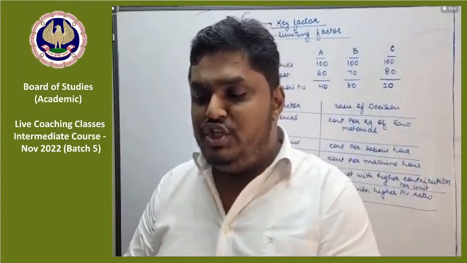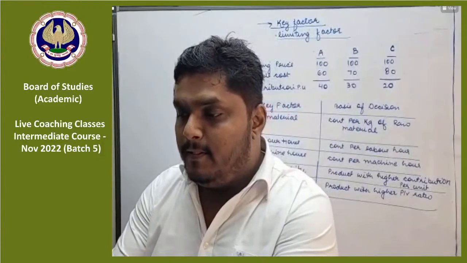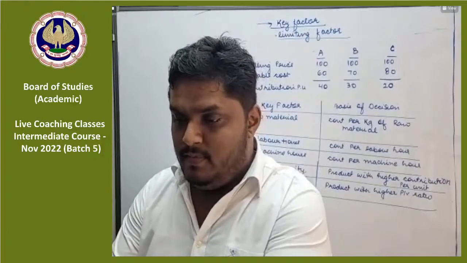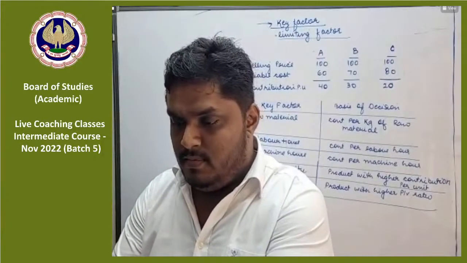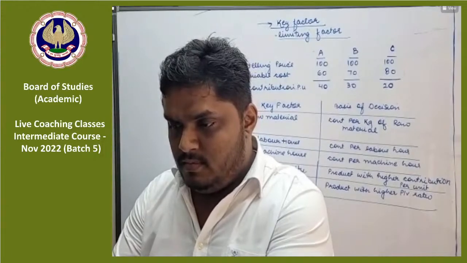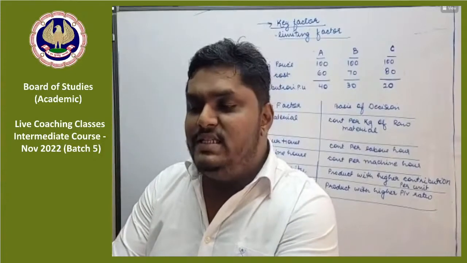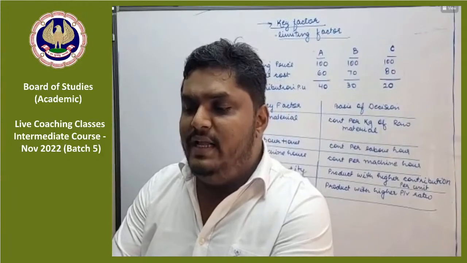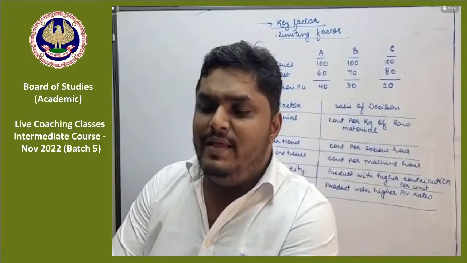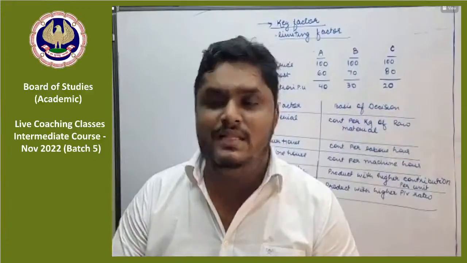Rekha Kumari, illustration number 8 has nothing to do with key factor, my dear. Illustration number 8 is very simple. A company maintains a margin of safety of 37.5% with an overall PV ratio of 40%. The fixed cost is 5 lakhs. A similar question I have already discussed in the last class only.